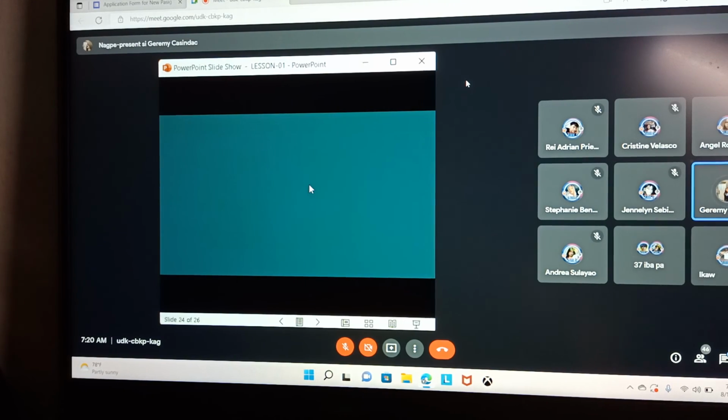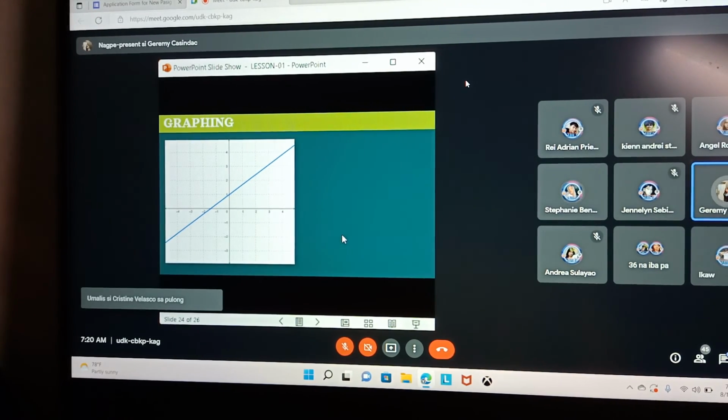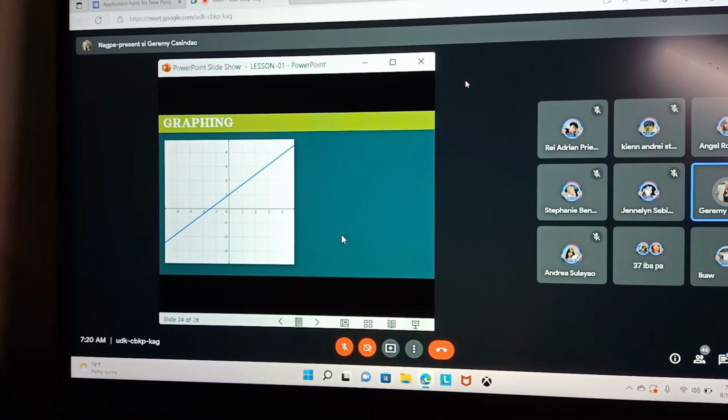Okay, so we have here the given example. How do we identify if this given graph is a function or not? Again, we make imaginary vertical lines, the lines that are standing. For example, we have this vertical line.